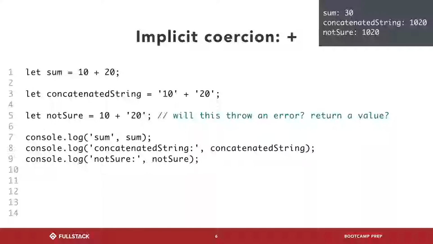In this case, and this is unfortunately something that you just kind of need to memorize or know, when we add a number to a string, JavaScript is going to convert both things into a string first. It maintains the string as a string, and it converts the number into a string, and then it will do the plus operation. Except at that point, the plus operation is no longer the mathematical plus operation, it's the string plus operation, right?